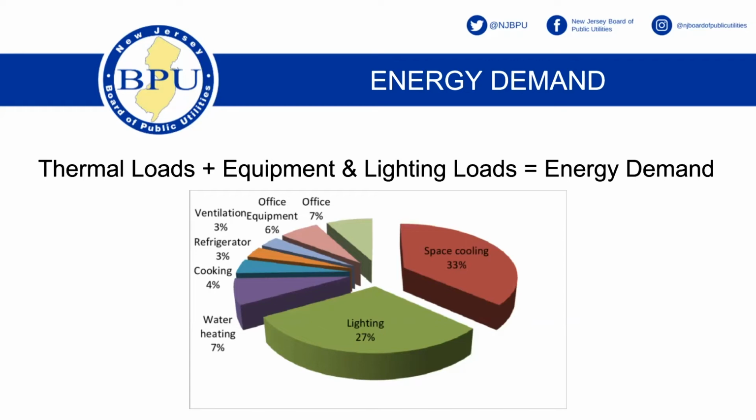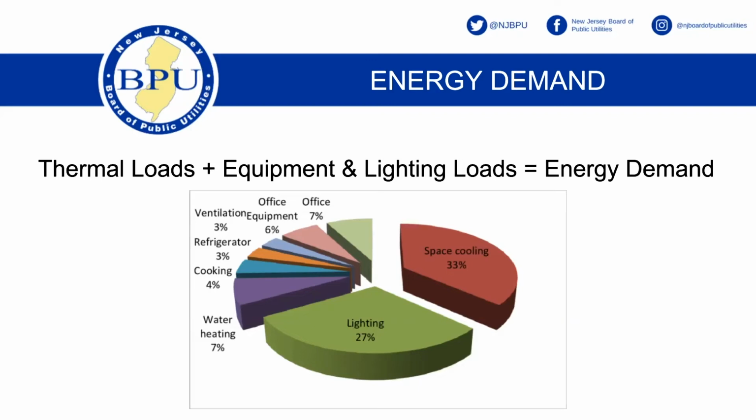For space cooling alone, it looks like about a third of the energy consumed in the building. Again, these are national numbers, but I think this is probably fairly typical of our area of the country, to use about a third of the energy strictly for air conditioning.